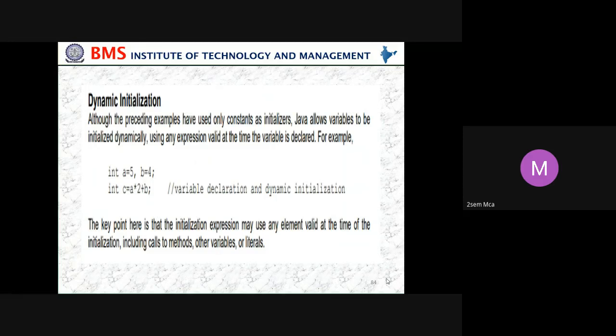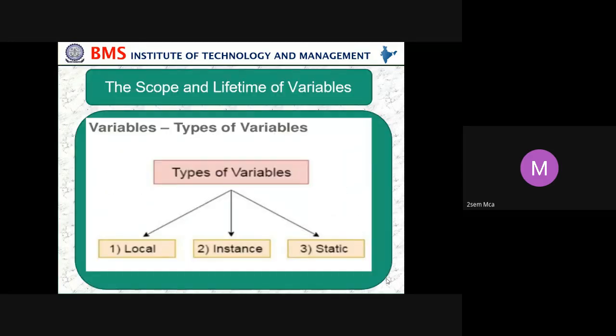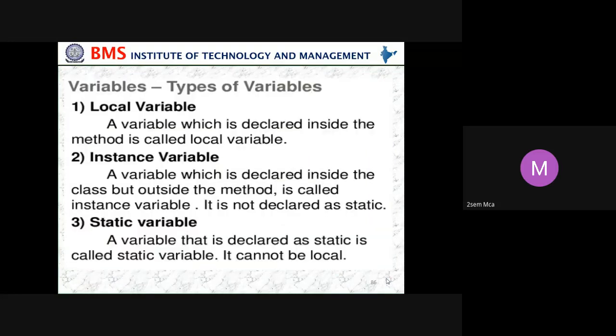Then we have seen how initialization is done, and what the scope and lifetime of a variable is. The types of variable can be local, instance, and static. A variable which is declared inside the method is called a local variable. A variable which is declared inside the class but outside the method, and is not declared as static, is called an instance variable.